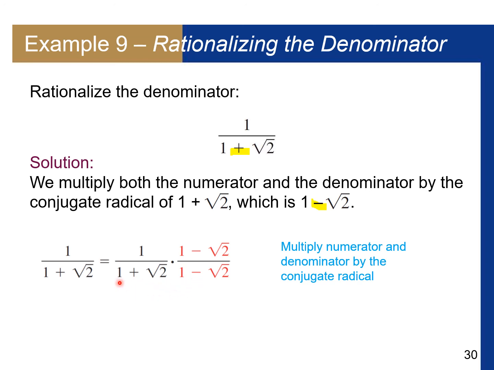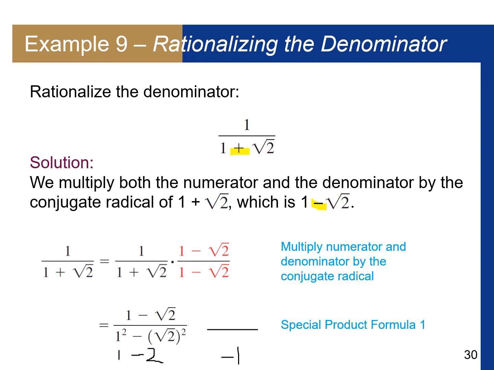So it'll be 1 squared, which is 1, and the square root of 2 squared, which is 2. Now, 1 minus 2 will give you negative 1 on the bottom.